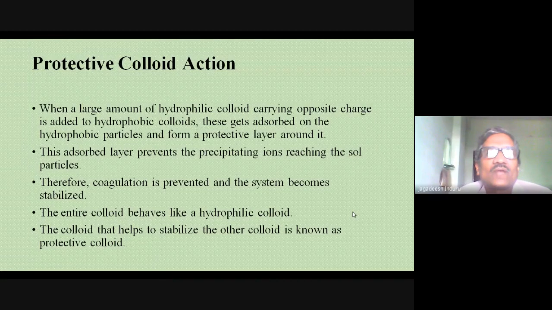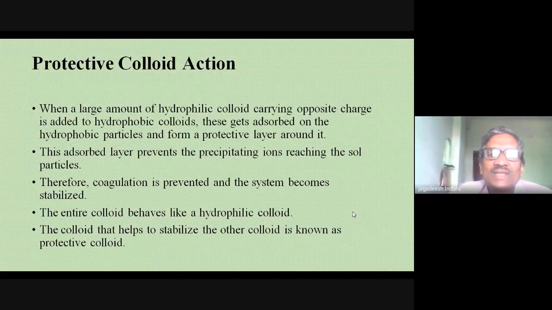Generally, we know that hydrophilic colloids are more stable and hydrophobic colloids, that is the lyophobic colloids, are unstable. When a large amount of lyophilic colloid carrying the opposite charge is added to the lyophobic colloid, it gets adsorbed onto the hydrophobic particle and forms a protective layer around it.